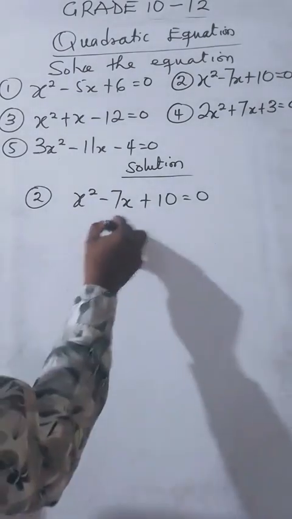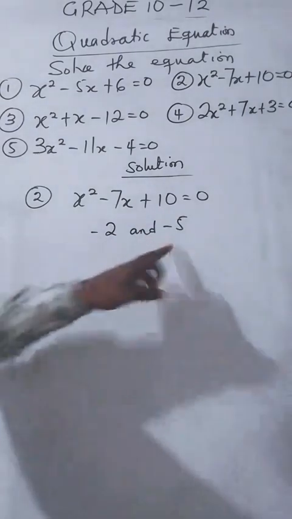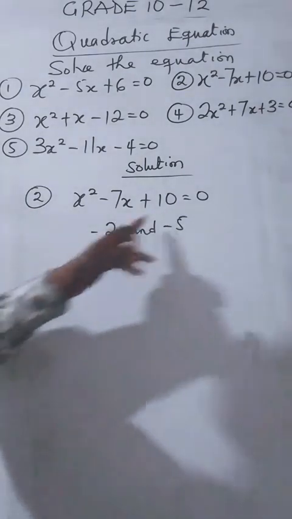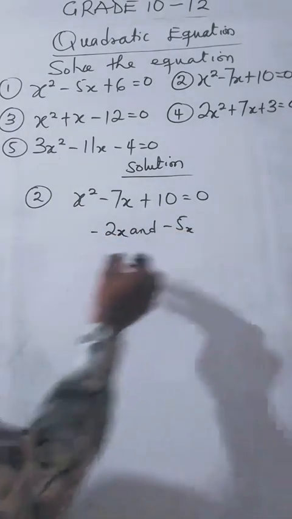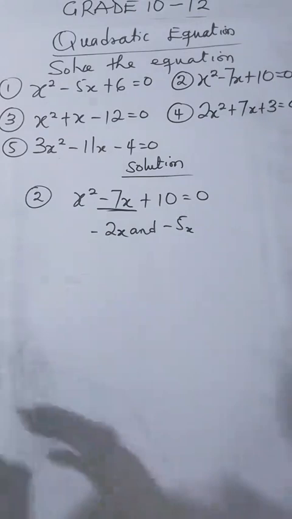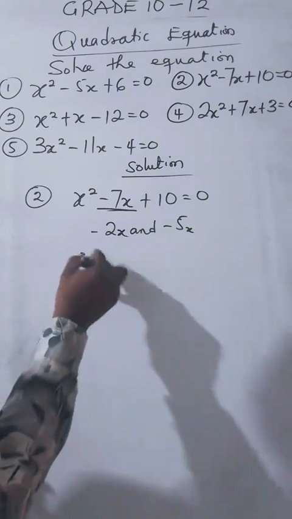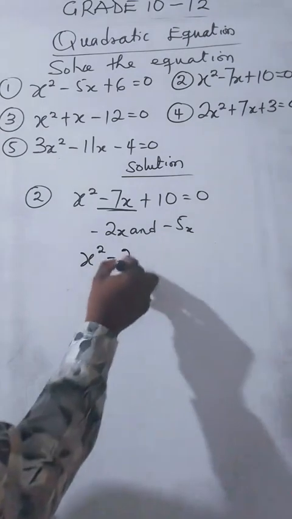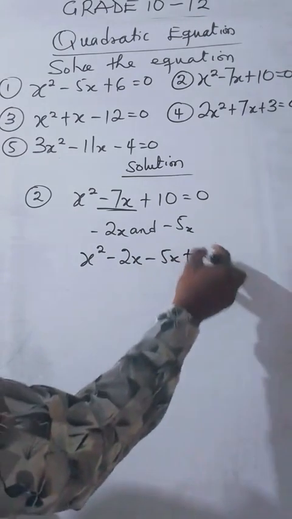We have minus 2 and minus 5. Minus 2 times minus 5 gives us 10. Then minus 2 plus minus 5 gives us minus 7. So here we attach x to the factors, then eliminate the minus 7x and replace it with the factors. So we have x squared minus 2x minus 5x plus 10 equals 0.